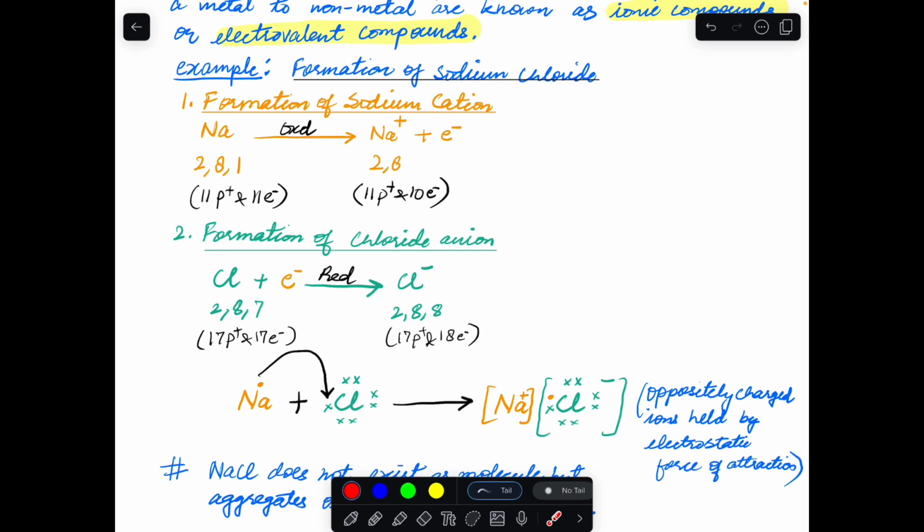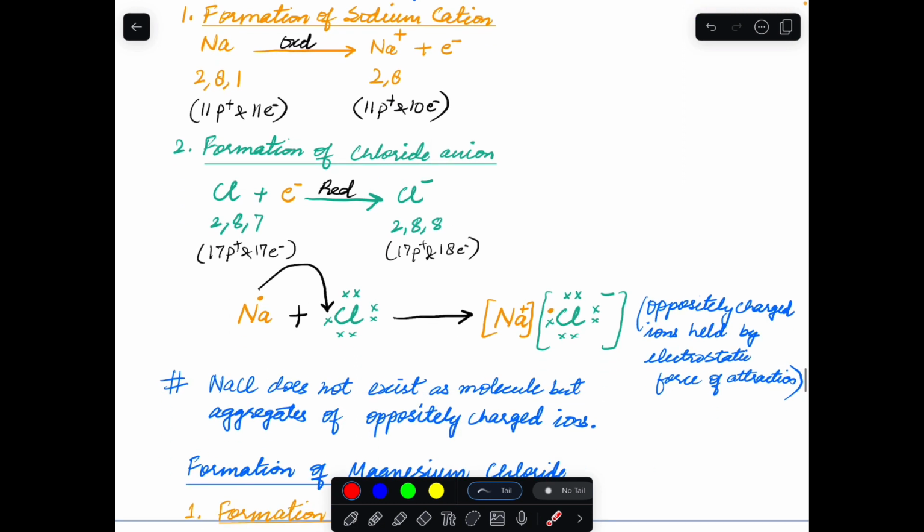Because earlier sodium was having 11 protons and 11 electrons, but now 1 electron is lost, therefore only 10 electrons are left. So 11 units positive charge and 10 units negative charge will give you a net 1 unit positive charge. This is how we are getting a positively charged ion. Now loss of electron is called oxidation. So this is an oxidation reaction.